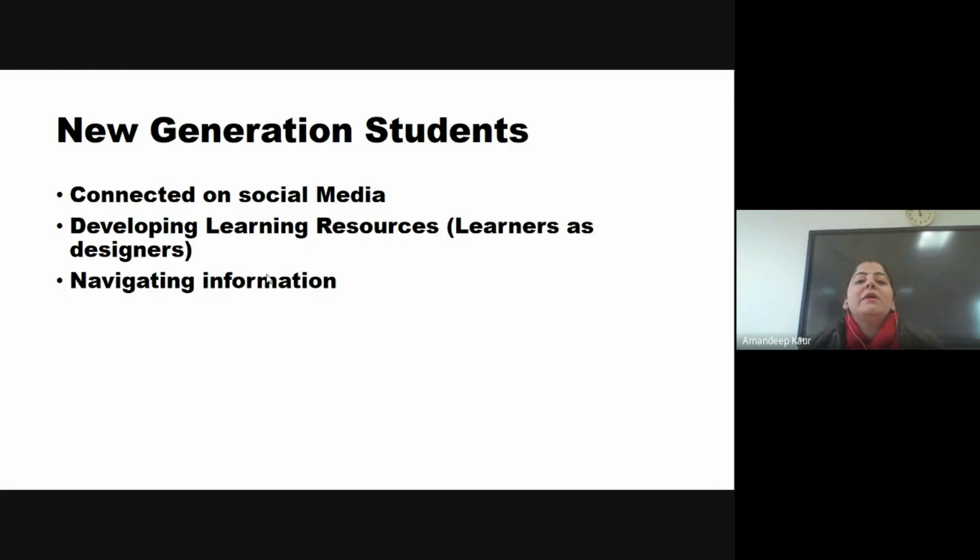Second is developing learning resources. Nowadays, in many of the institutions, though not all, students are developing packages, learning material and resources. So they are not only collecting information, but at the same time they are creating information.